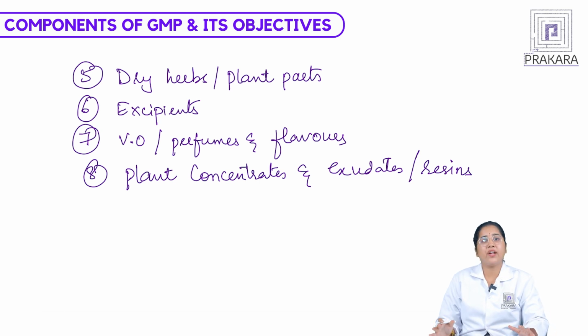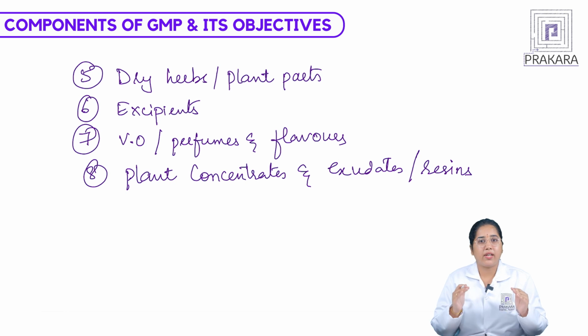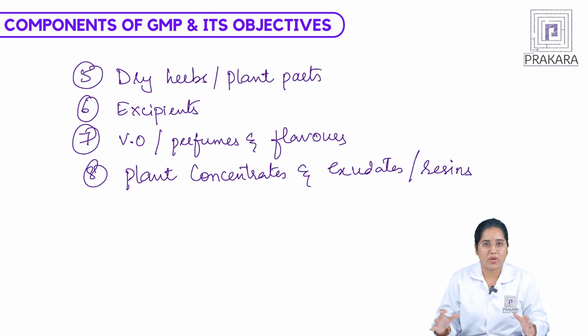These are the different categories of raw materials we are going to select for the processing or manufacturing of any herbal product. Based on the category, we need to store, clean, and do the quality test, right? Based on that, we have to select the storage area.